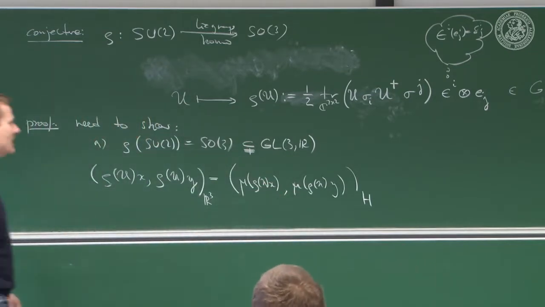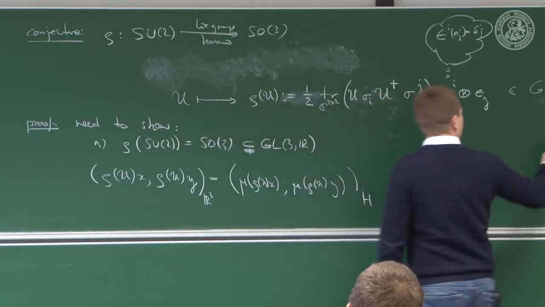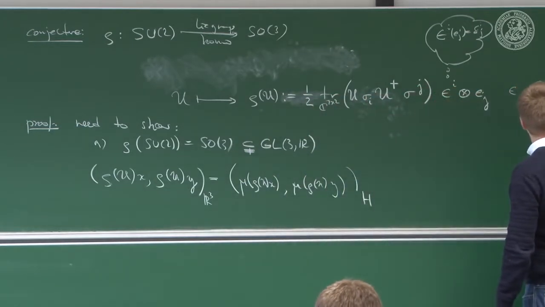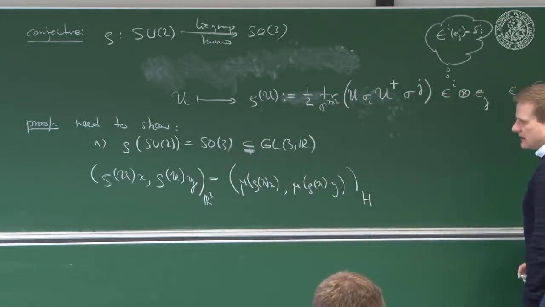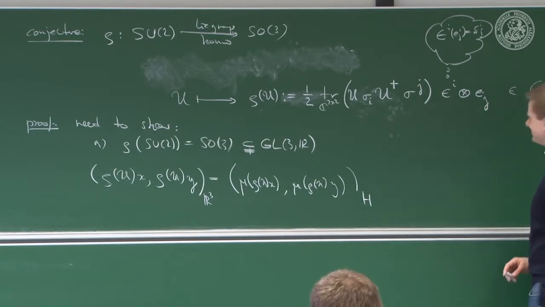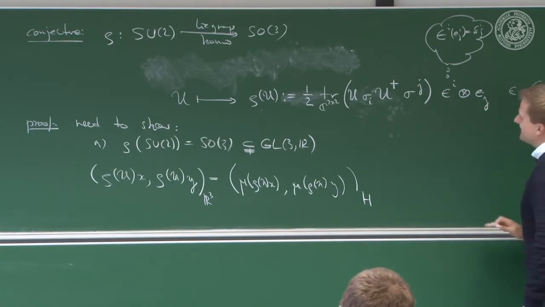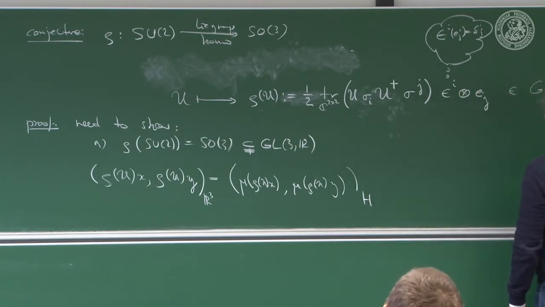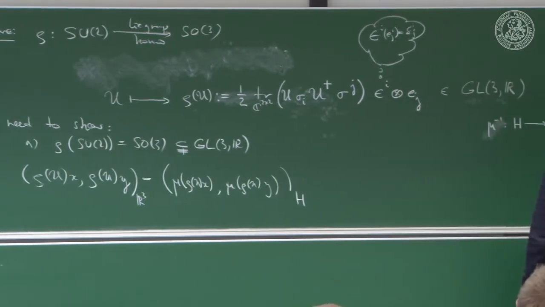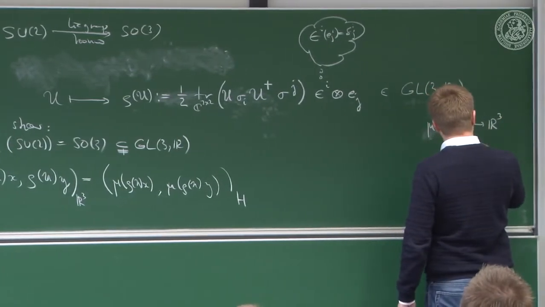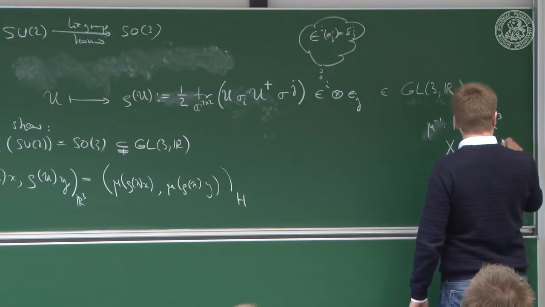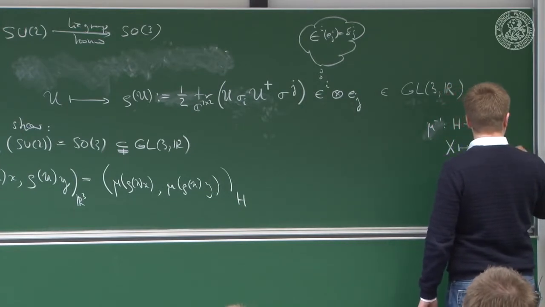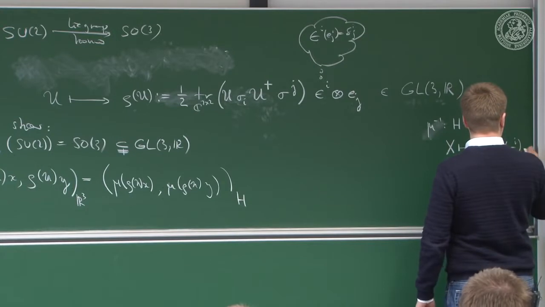This is this. But now you see, remember what the mu was. The mu was in particular the inverse of the mu inverse. Okay, let's not be silly. So what was mu inverse? Mu inverse went from H back to R3, agree? And it was x being sent to 1/2 trace of x sigma I EI.